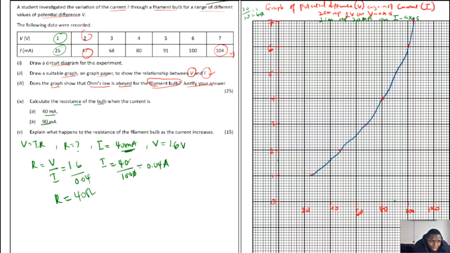Don't forget there's a point here on 91; I put it there just to emphasize it. Your 90 is almost corresponding to this, so 90 is going to be around here.